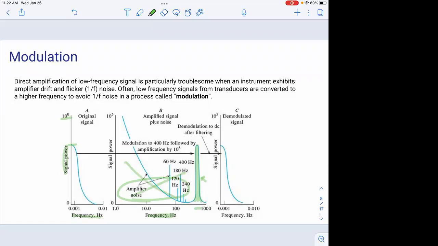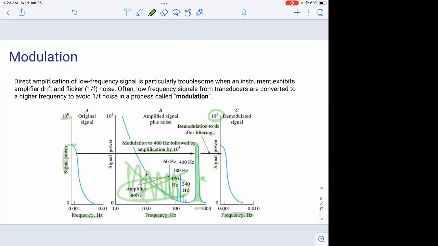So we'll modulate up to 400 hertz, then amplify that signal. That amplification process provides all of this noise that's over here. We get rid of that by filtering, and then we can demodulate back to our original frequency range. And the result is that we have a much higher signal that's easier to quantify. So you have better precision, better accuracy in those measurements using modulation as a technique to get rid of noise.